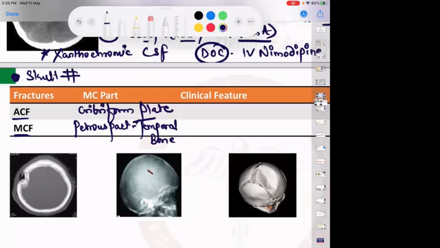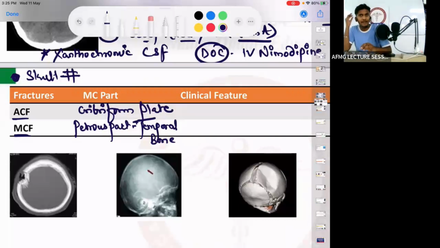The petrous part of the temporal bone. The weakest skull bone is actually the temporal bone, and the weakest part of the temporal bone is the petrous part, so it is the most common site to be fractured.